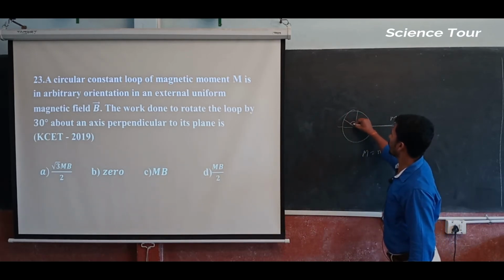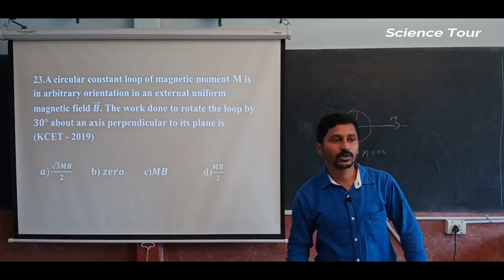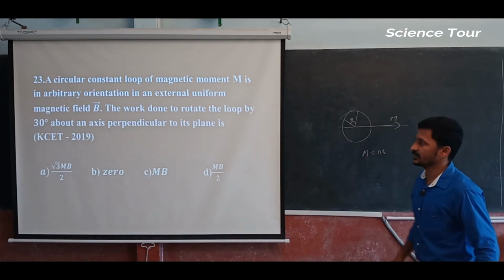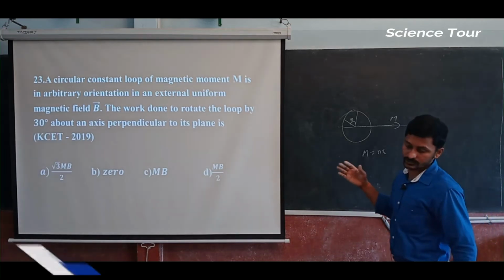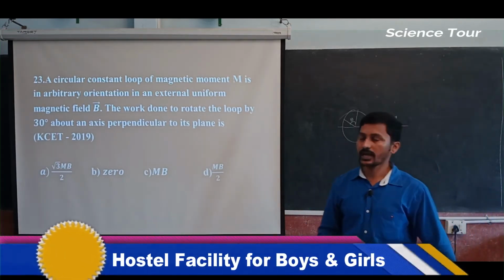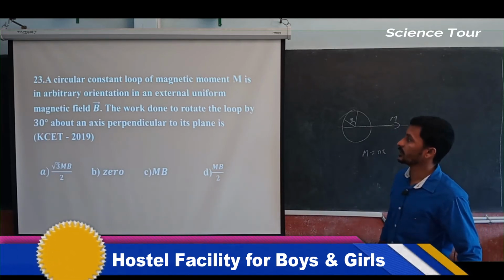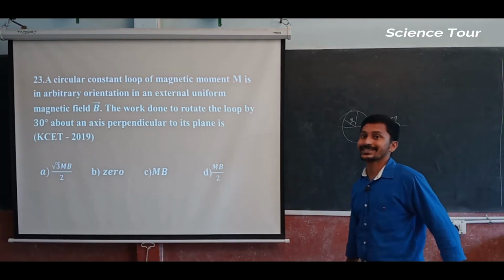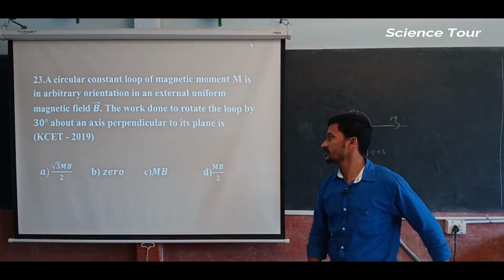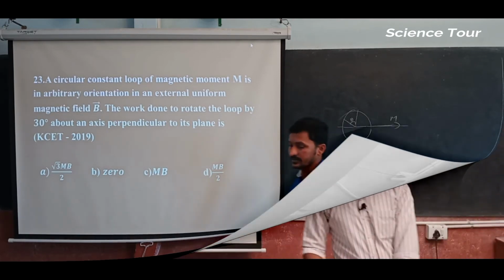There is no work done if you rotate in this way. Against the magnetic field, M into B, you are going to rotate at some angle, then you get work. Since it is about an axis perpendicular to its plane, it means 0 work, that is W is equal to cos 90 degrees, and cos 90 is 0. You are not supposed to do any work for that.